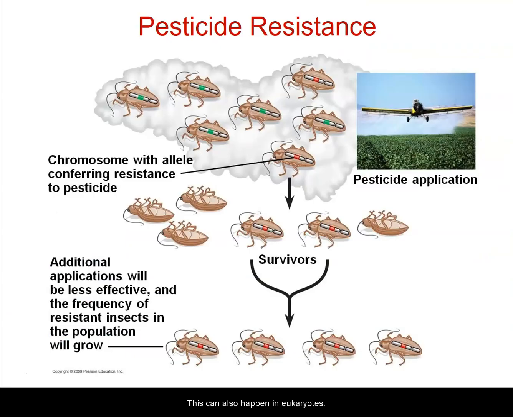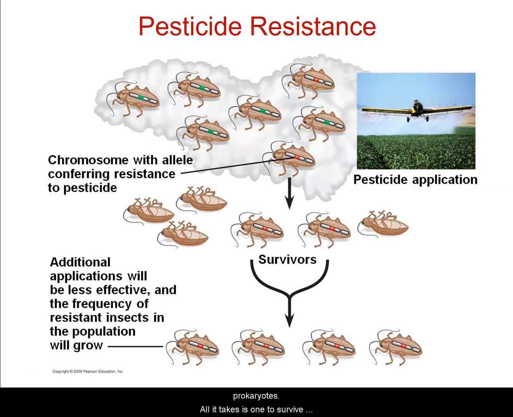This can also happen in eukaryotes. Pesticide resistance has been seen in aphids, which are plant pests, and you can also see it in a lot of weed species. All it takes is individuals that survive the pesticide or the antibiotics in the case of prokaryotes.